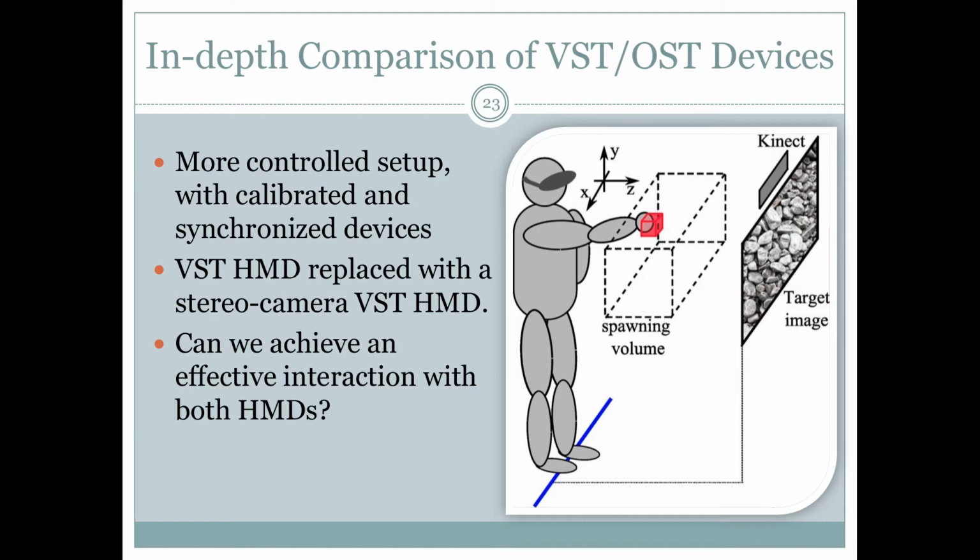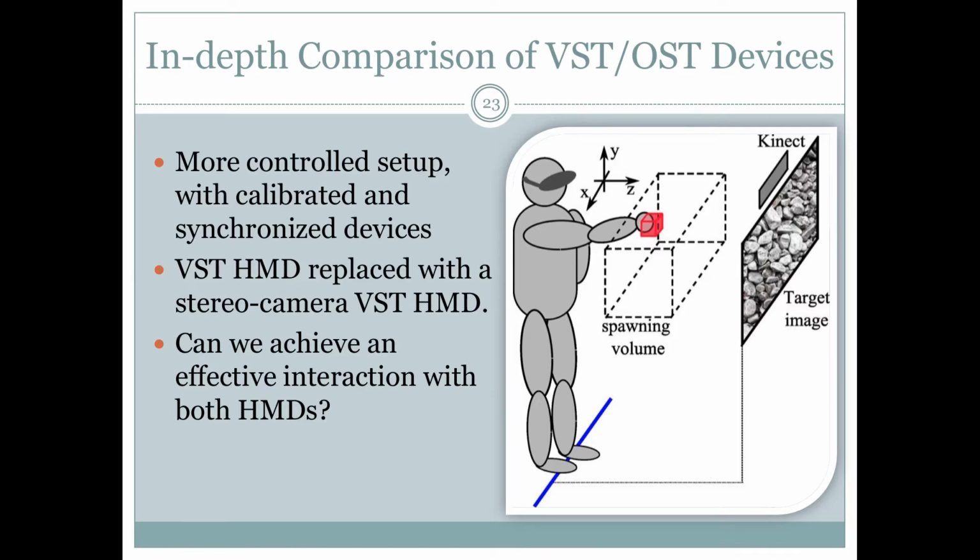So the plan is to repeat this experiment, but with a stereo vision video see-through system, to obtain a more representative result of the comparison between those entire types of devices, versus just obtaining the differences between those two specific devices that I used the first time.